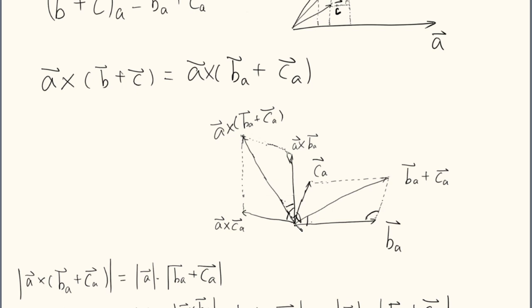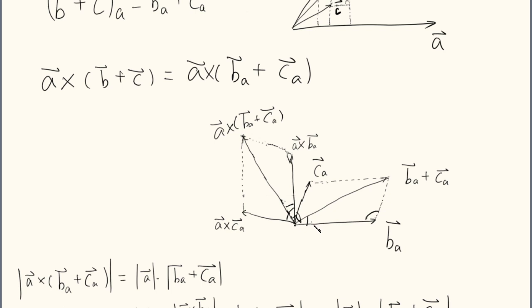So what we can see here is the vector B sub A plus vector C sub A. And we know the vector A cross vector B sub A is a vector, and this vector is perpendicular to both vector A and vector B sub A.